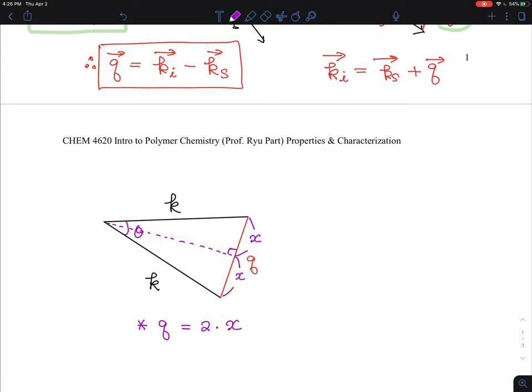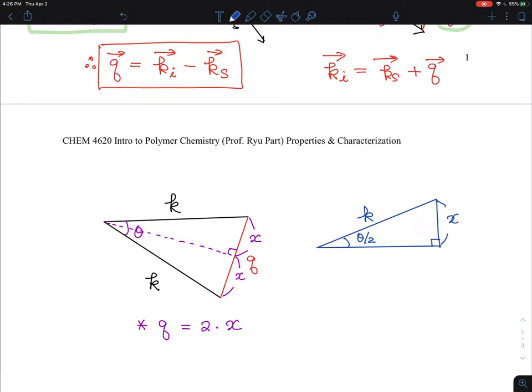And then I am going to draw the new right angle triangle. It is defined by this. So this is a right angle. I know this from the K, and this angle is theta over 2, and this length is x.